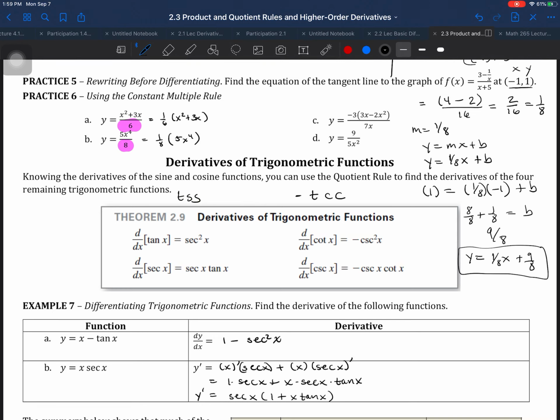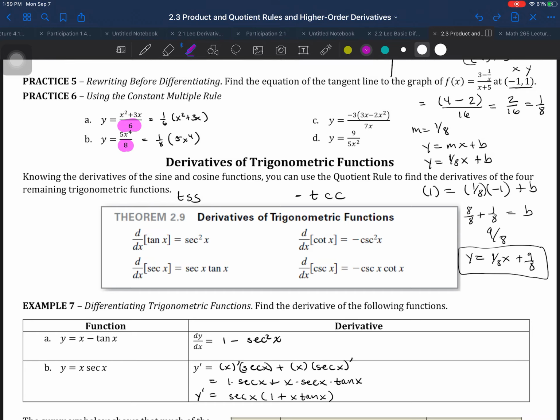Now in this case, because they're all going to be CC's, I'm going to let cotangent be the T. So the derivative of cotangent will be CC, meaning cosecant times cosecant with a minus in front of it. So the derivative of cotangent is negative cosecant squared. And if you do this backwards as well, it works the same way.